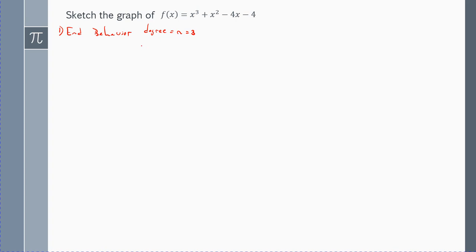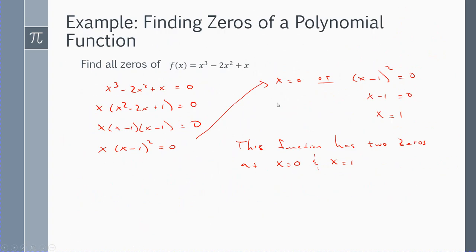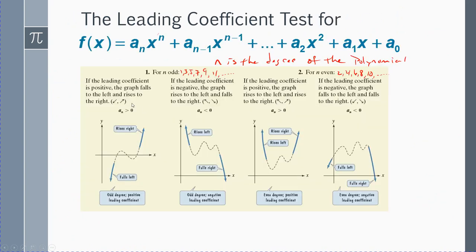The leading coefficient, a sub n, is equal to, well, there's nothing there, so it's understood to be 1, which is greater than 0. So what does this mean? Okay, going back to our chart, going all the way back in the slides, odd degree with a positive leading coefficient, so it's going to rise to the right and fall to the left.